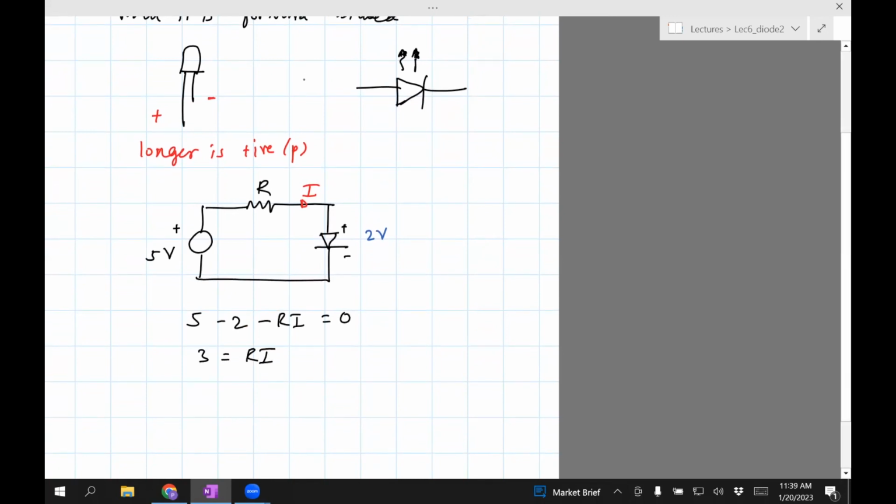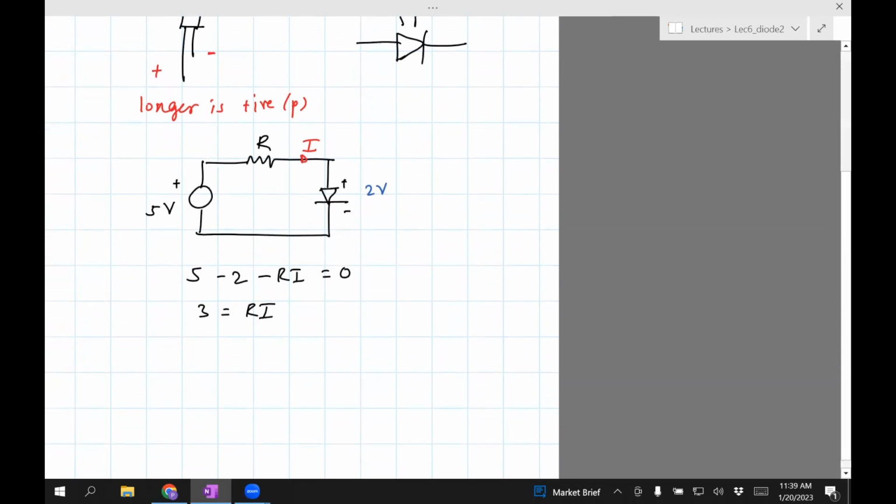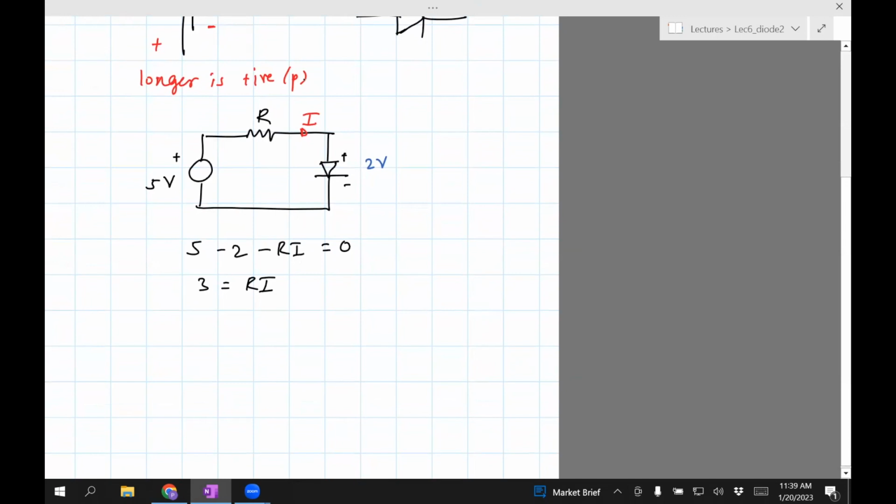Now the question is, how will you choose R and I? So typically, if you look at the spec sheet, it will tell you what is the maximum current the diode can take. Let's assume I is given to you from the spec sheet, let's say 10 milliamps. Yes, it's a very small value.